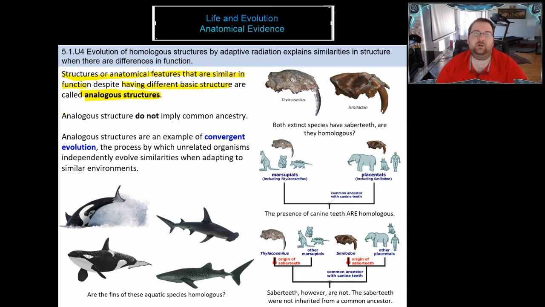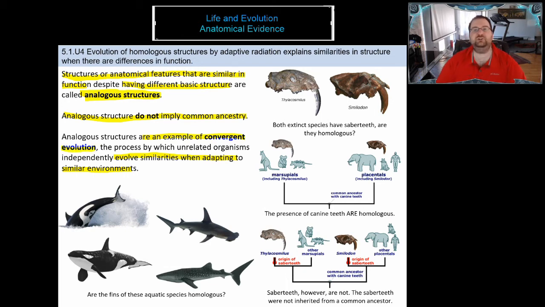And be careful, because analogous structures do not imply common ancestry. They don't both have fins because they share a common ancestor that had fins. They both have fins because they're evolving similarities when they're adapting to similar environments. That's why they both have fins. And this is an example of convergent evolution.